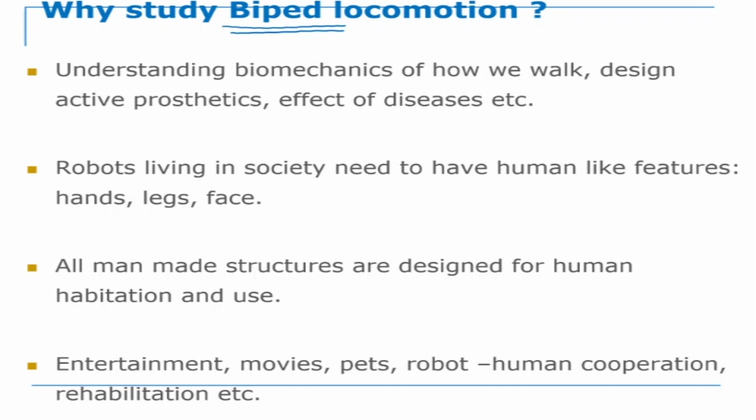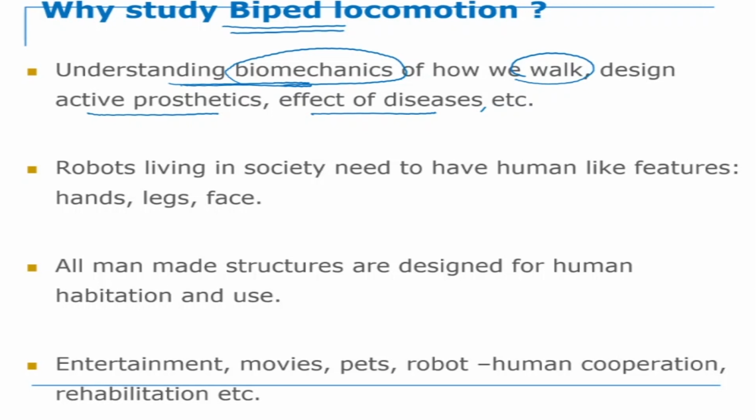First, understanding biped locomotion gives us an understanding of the biomechanics of how we walk, and helps us design active prosthetic systems like artificial limbs, and understand the effect of diseases like osteoporosis. If we understand the biomechanics of walking, we can design better systems in terms of prosthesis or in terms of understanding the progression of disease, etc.